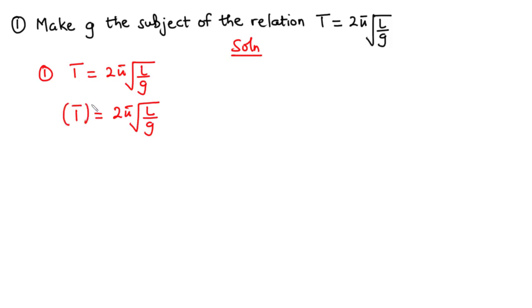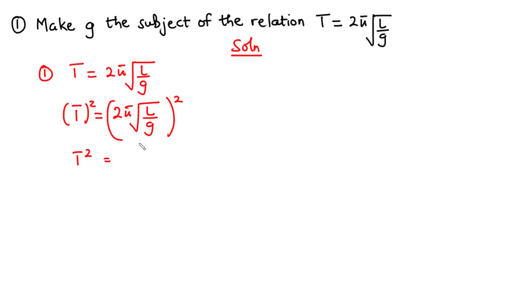So we have t square, and then we also square this whole term. On the left hand side, we maintain t square, and that is equal to 2 pi times the square root of L over J all square.